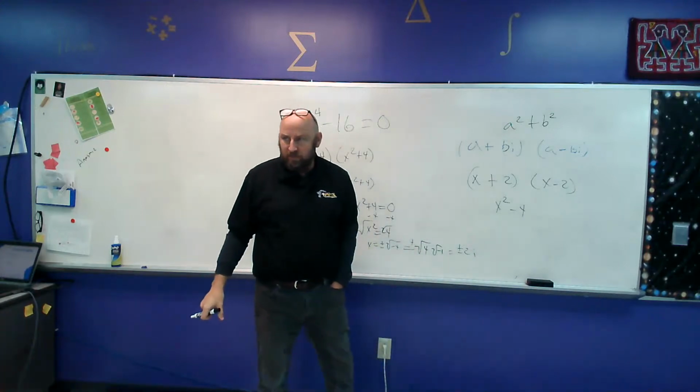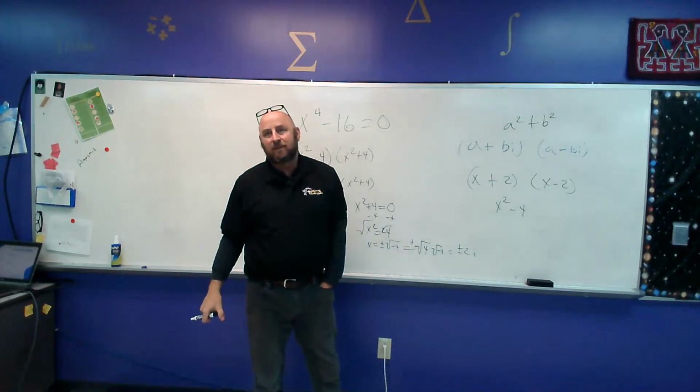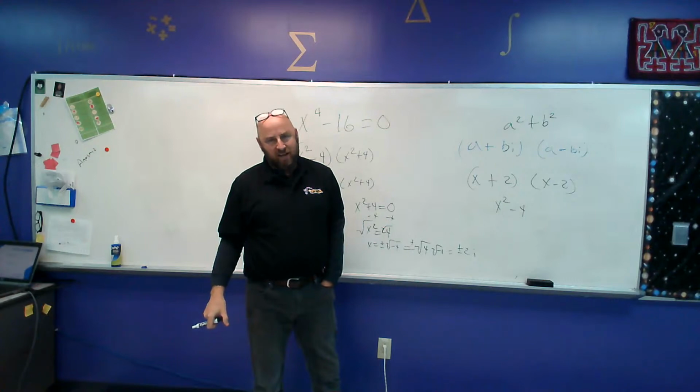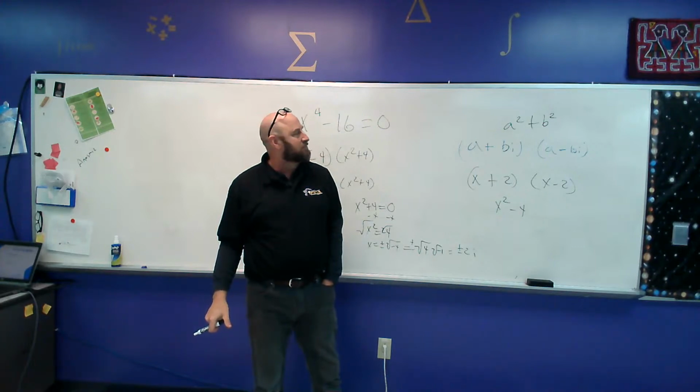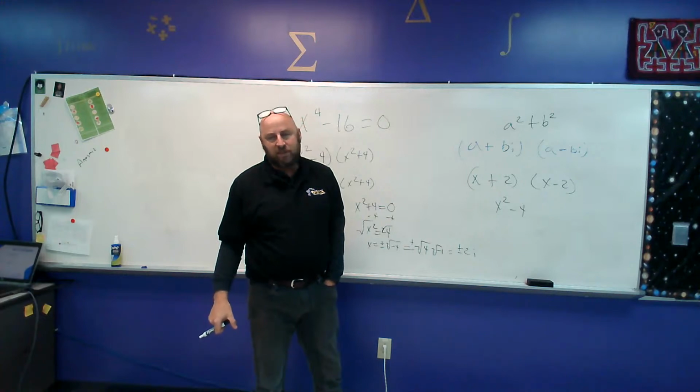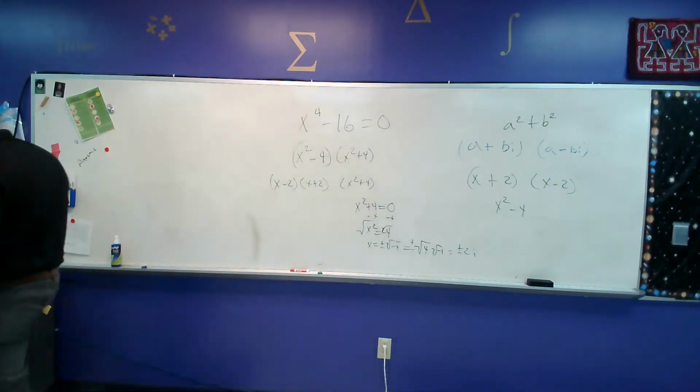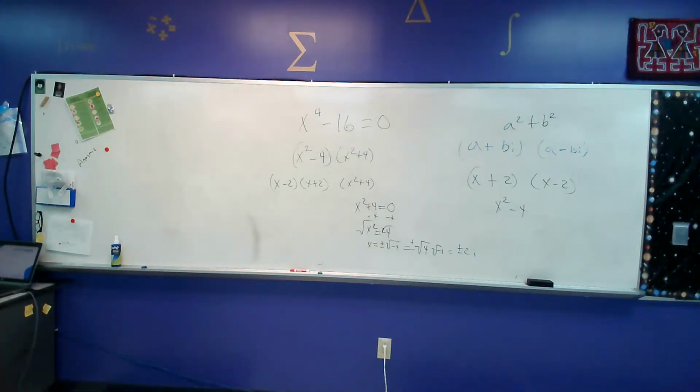Now, why is it plus? Because i squared is -1 and it changes it. So a squared becomes a squared plus b squared. So you should know that, and you can find it on page 268.